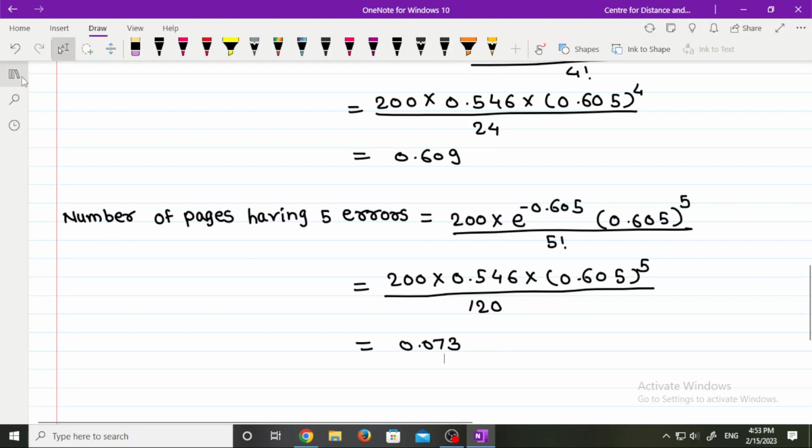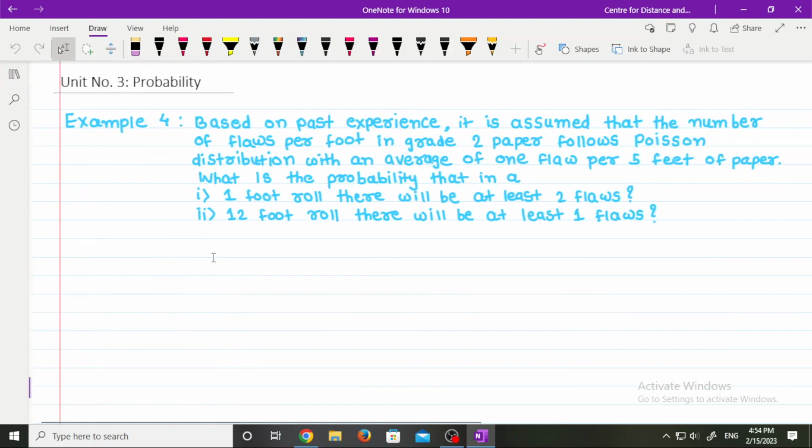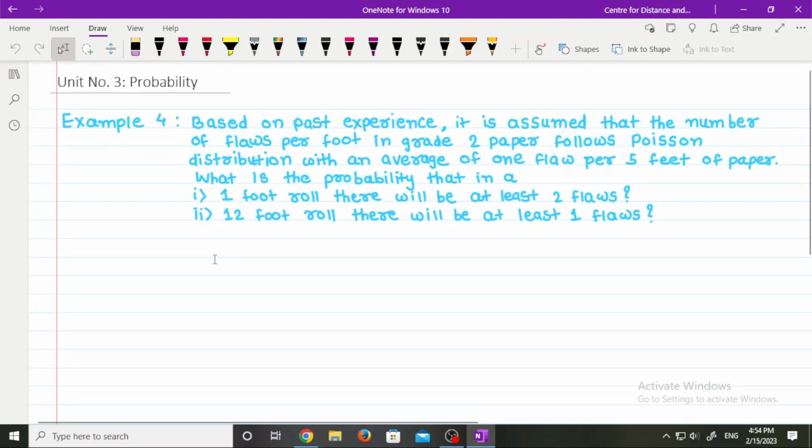Now, you see example number 4, that is, based on past experience, it is assumed that the number of flaws per foot in grade 2 paper follows Poisson distribution with an average of 1 flaw per 5 feet of paper.